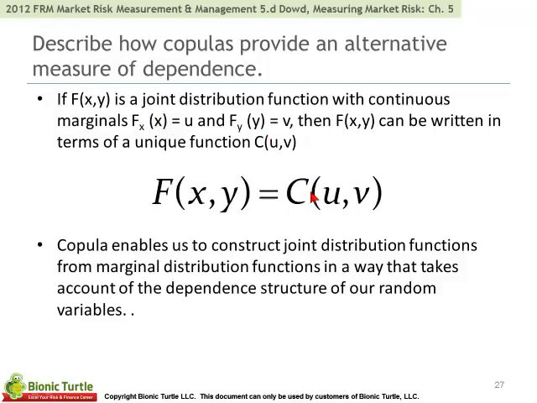The copula function is the glue that allows us to bind these together in a copula function and characterize a joint distribution function, F of x, y. So the copula enables us to construct a joint distribution function from the marginals in a way that takes into account the dependence structure of our random variables.